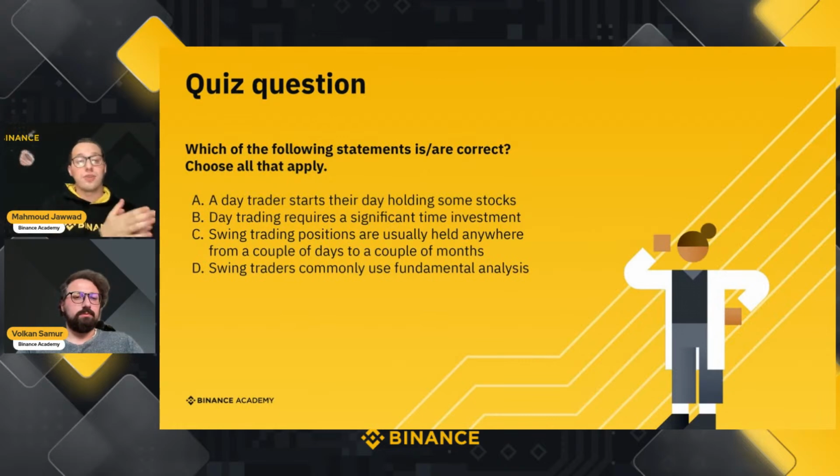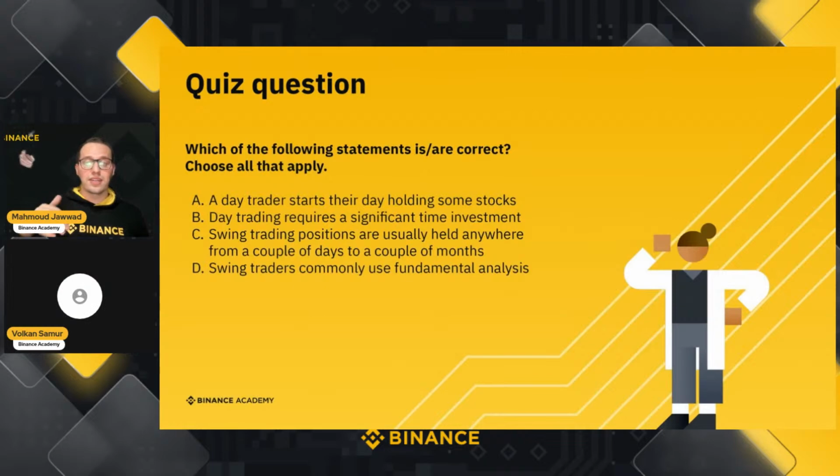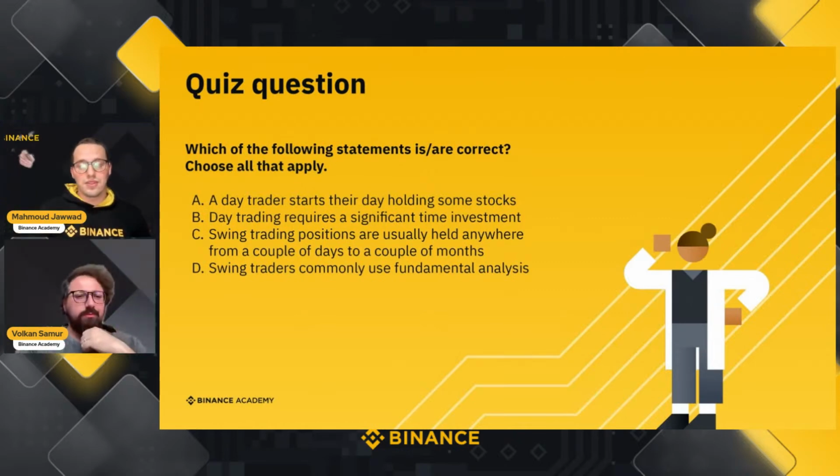He might want to exit with a profit of 500, for instance. And these price targets can be determined by identifying key support and resistance levels and chart patterns. You have, for instance, Fibonacci retracement levels that can be used as well. So when the price reaches your target, you consider closing the trade.